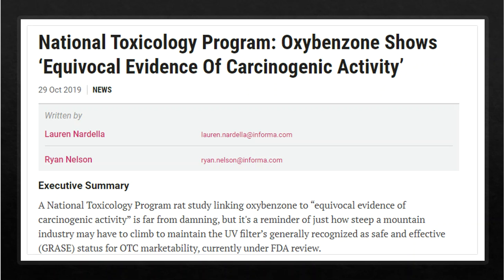And it's a reminder of how the industry may have to climb after this point in order to get this compound recognized as generally safe and effective under the FDA review. That's GRASE. Well, FDA does safe and effective, so S and E are at the end. So basically what this study is saying is that you have been sold sunscreen all your life.